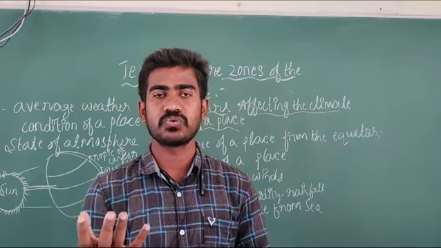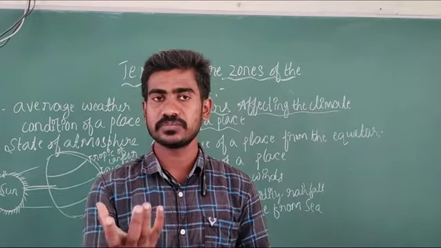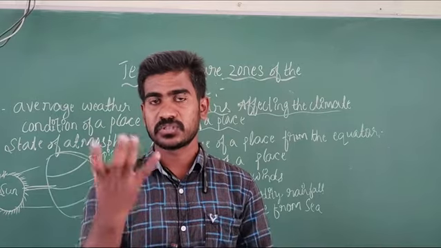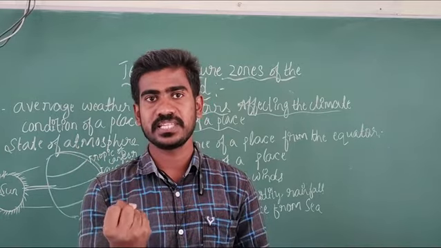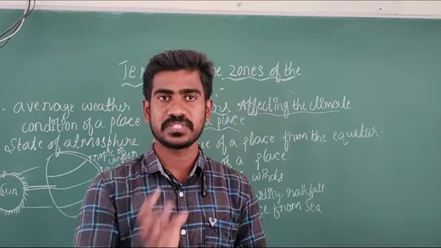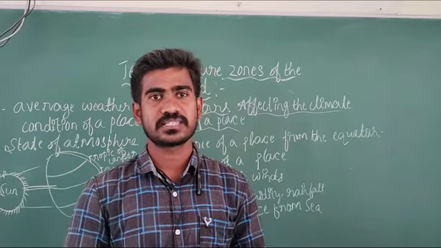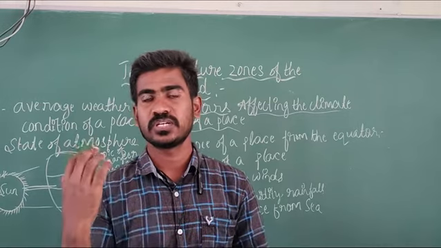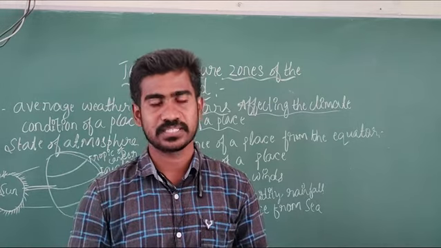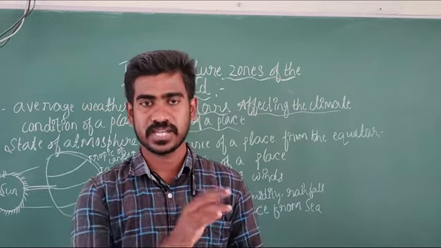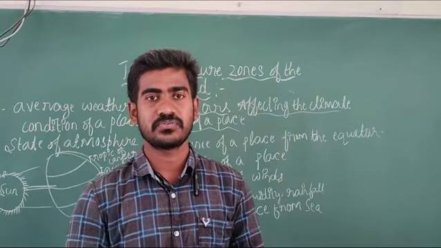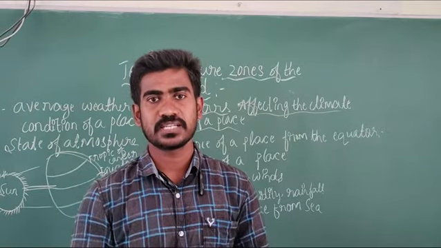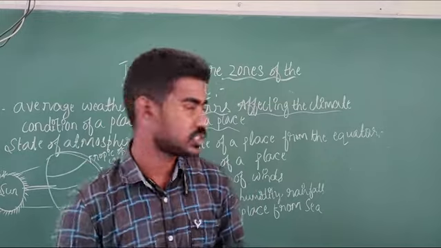Frigid zone means cool zone, but India comes under a heat zone. So we are getting the heat from the sun, and that's why they come here. Some skin diseases can be removed by getting sunlight. That is the reason they come here, and that is one example to show that India is in a heat zone.